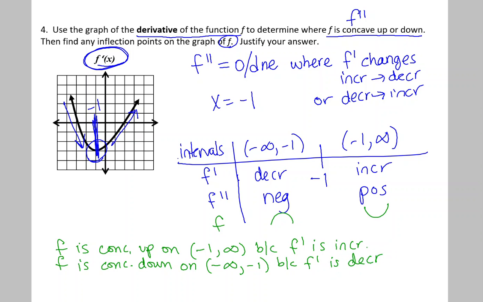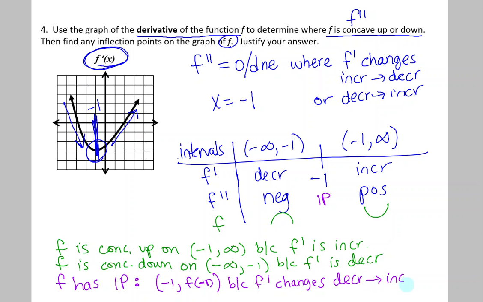Finally, because there's a change in concavity, we can say that f has an inflection point, and that's going to be at the x value -1. Plugging it into the function, we get (-1, f(-1)). Since we don't have an actual function to plug into, that's going to have to be good enough. And we justify by saying because f prime changes from decreasing to increasing.